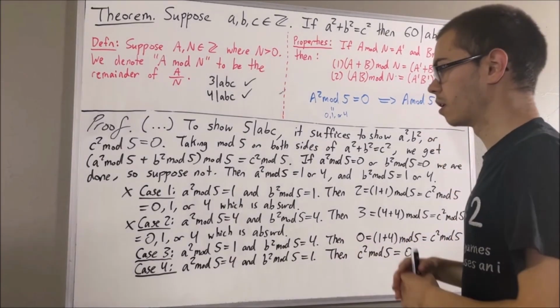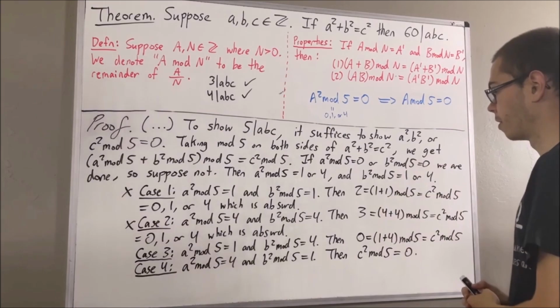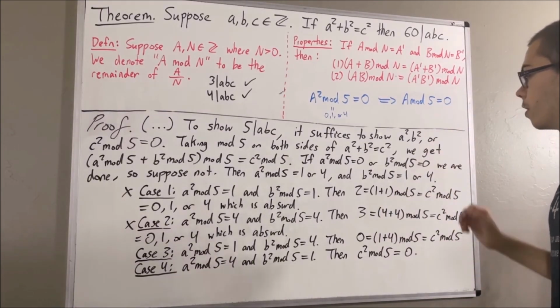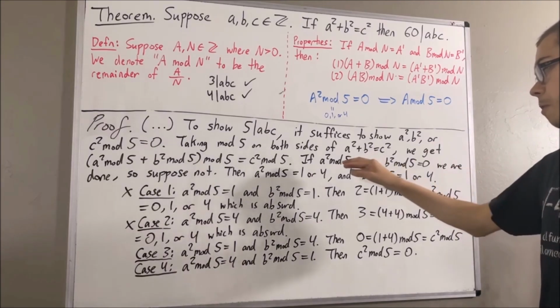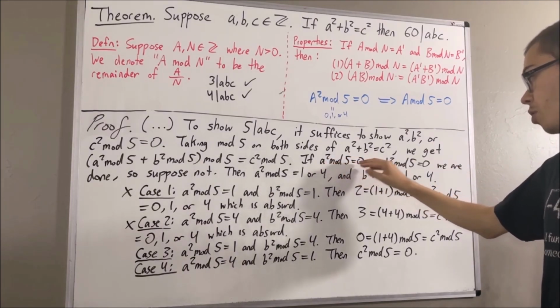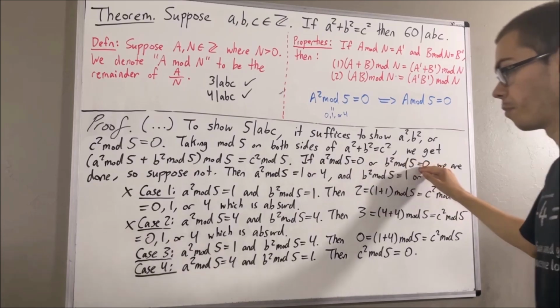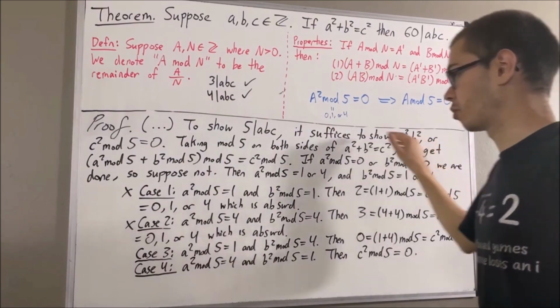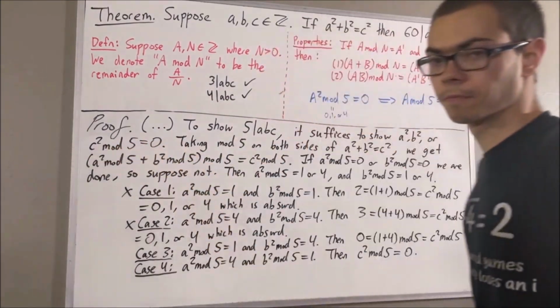So, let's put this all together now. We considered 2 possibilities overall. The first possibility was, if a squared mod 5 equals 0 or b squared mod 5 equals 0, then we're done, because that means one of these 3 is equal to 0.